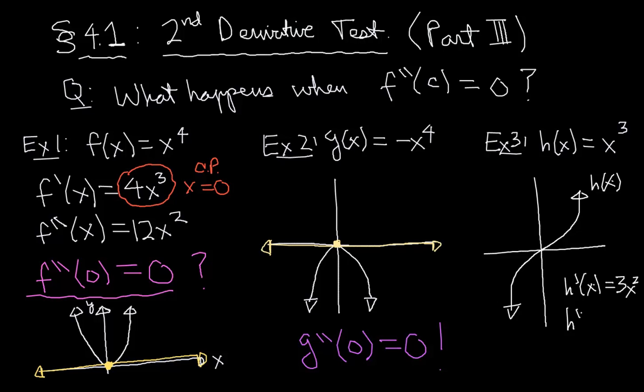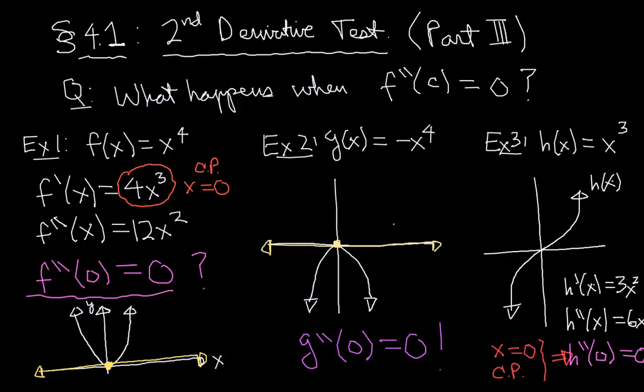The second derivative is going to be 6x. And so we know x equals 0 is the critical point. That's a CP. And this automatically tells us, just because of the way h double prime is, that h double prime at 0 is just 0.